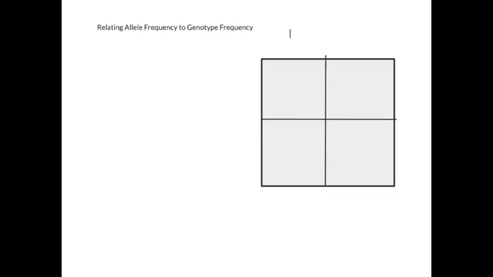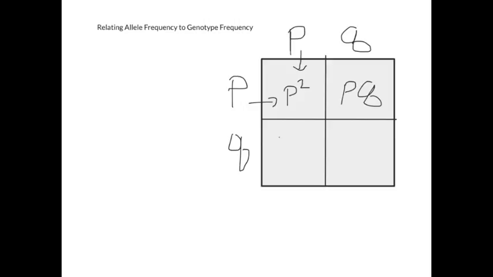Now we can look at how knowing allele frequency can be used to calculate the Hardy-Weinberg equation. So if we use P and Q to represent the two alleles possible in the population, we can use a Punnett square to represent how the Hardy-Weinberg equation is created. So P times P, or the chance of inheriting those together in the population, is P squared.